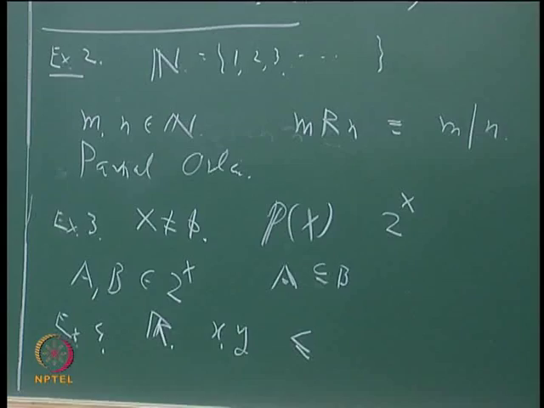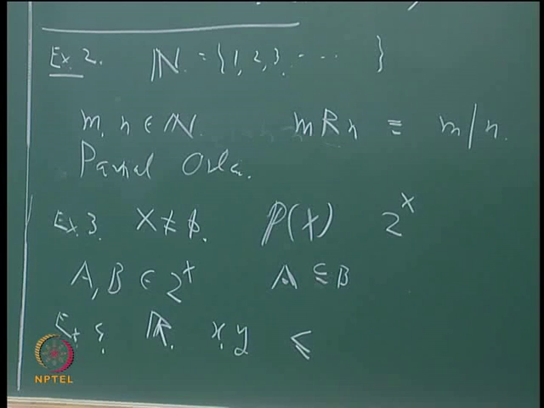Now let us proceed further. A set on which a partial order is defined is called a partially ordered set.